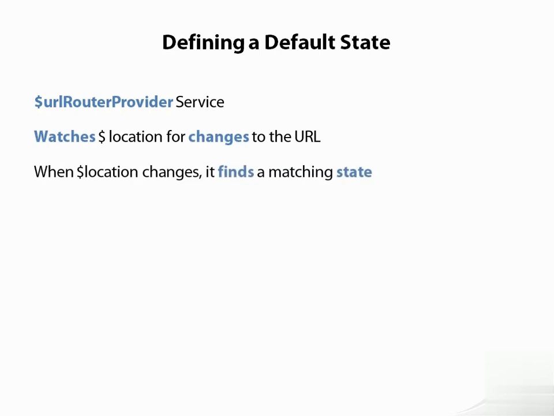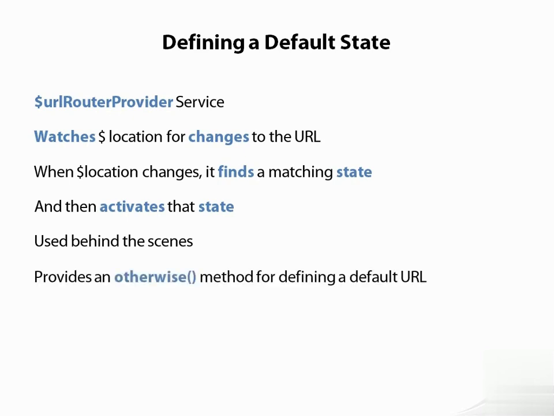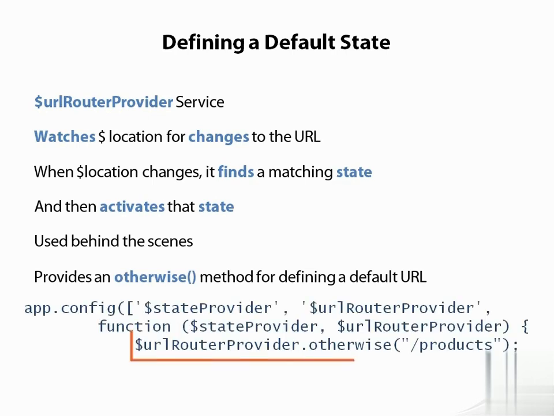When $location changes, it runs through the list of state rules one by one until a match is found. Then it activates that state. It is used behind the scenes whenever you specify a URL in a state configuration. For our purposes, $urlRouterProvider provides an otherwise method for defining a default URL. In this code, the default URL fragment identifier is /products, which will activate the product list state.